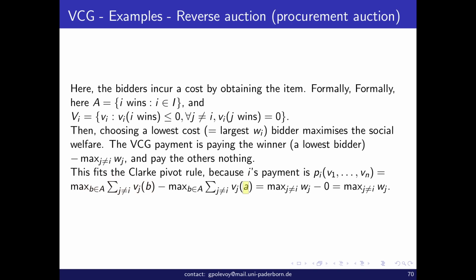And in this case, it's also the same. What they get besides me, the best option, is choosing the second largest. What the others get with me is 0 because they don't get anything.